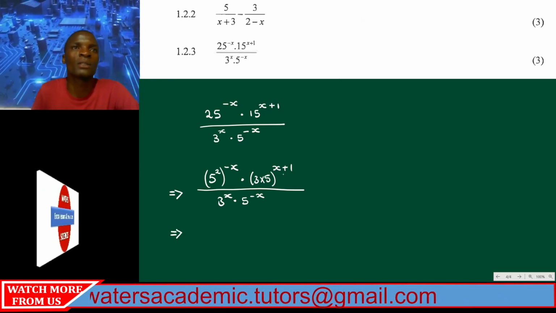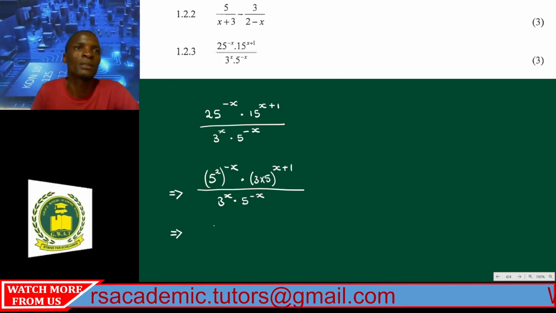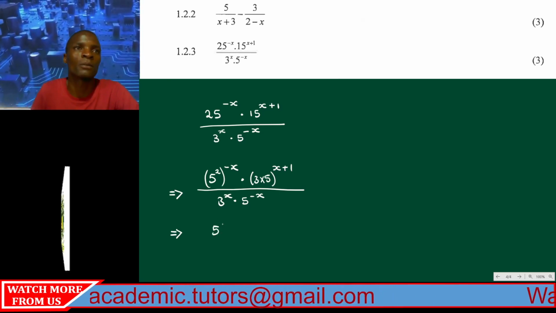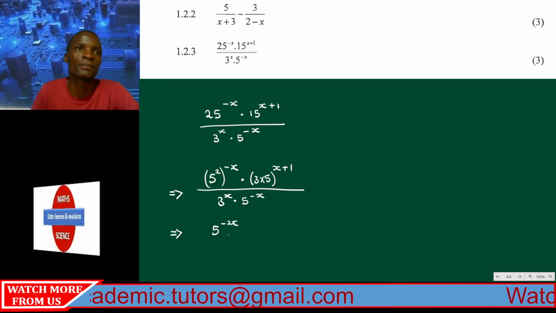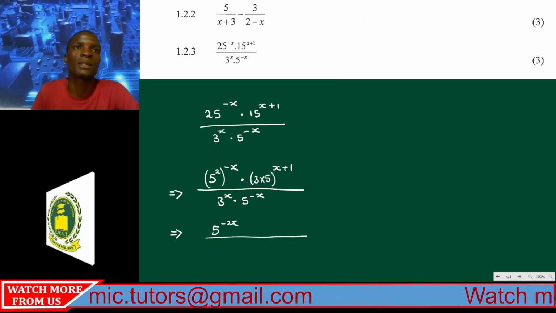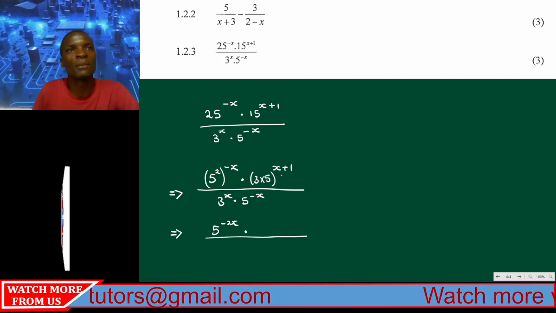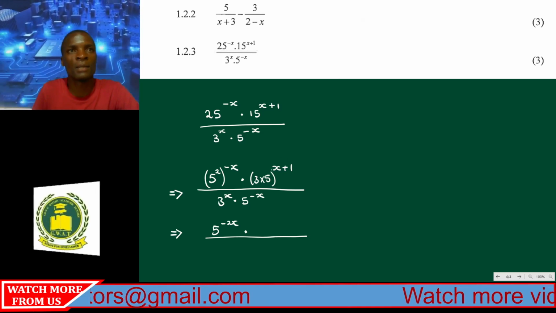Now simplifying these according to the laws of indices, we are taught that here we multiply the powers, so the answer becomes 5 to the power of negative 2x. And then according to those laws again, we are taught that the power outside the bracket affects every term inside the bracket.